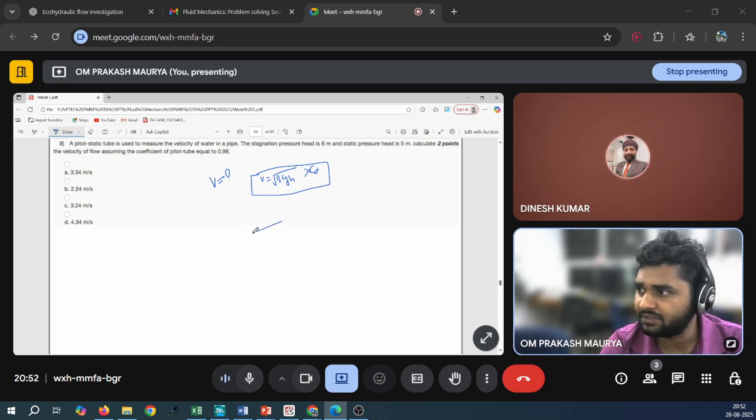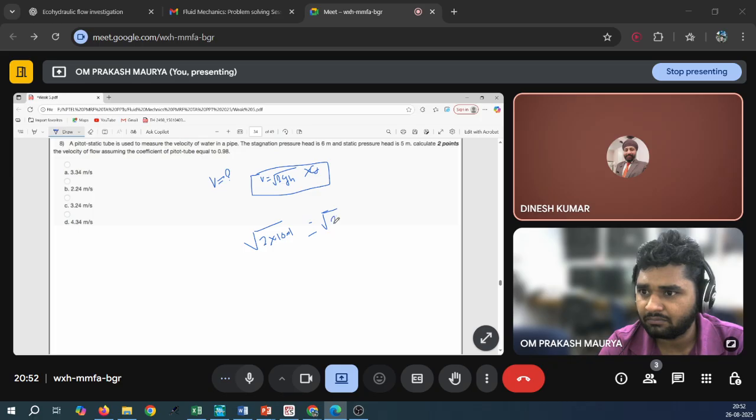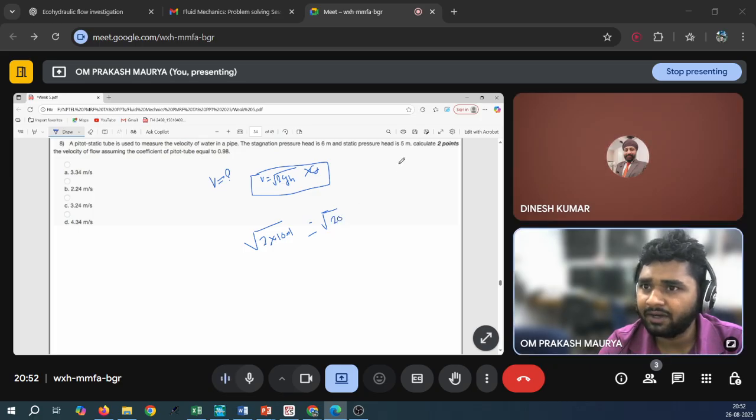So let me just finish this question first. The g value is given already as 10. Let us assume here, and this value is 5, 6 minus 5 will be 1. So this is 20, so root 20. Why 20 am I writing here?